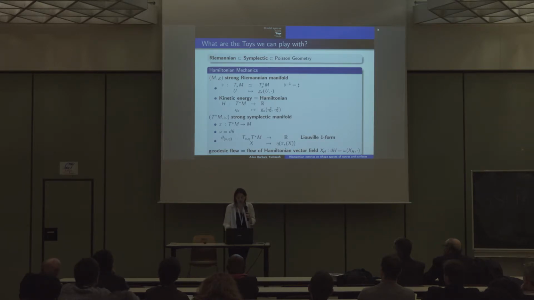The identifications between tangent and cotangent space using the metric are called musical isomorphisms. So there is a sharp there, and the Hamiltonian takes a covector and maps it to the metric applied to the vector associated to this covector.